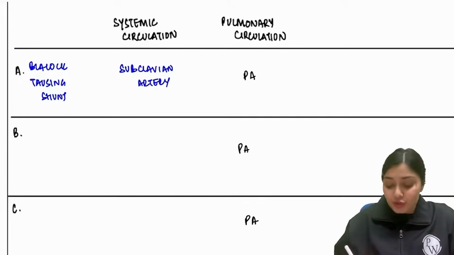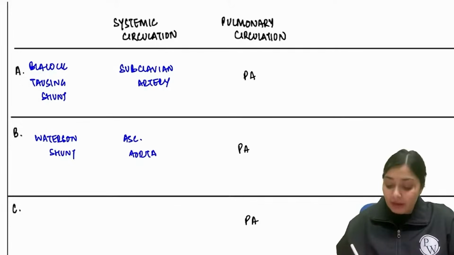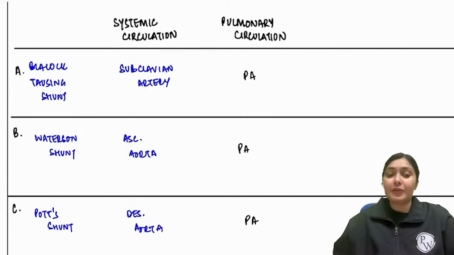Second is Waterston shunt, in which the ascending aorta is connected to your pulmonary artery. Then we have Potts shunt. In this Potts shunt, you connect the descending aorta with the pulmonary artery.